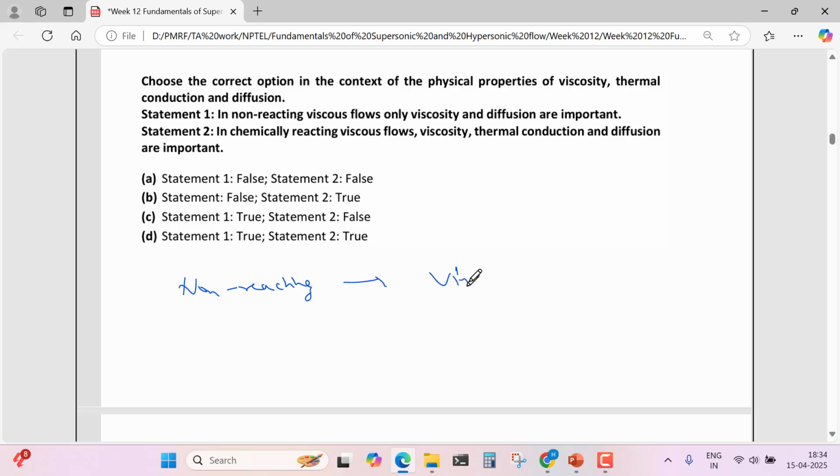Only important is viscosity and thermal conduction. So statement 1, which says diffusion is important and thermal conduction is not important, is false.